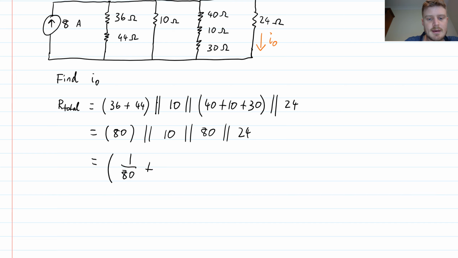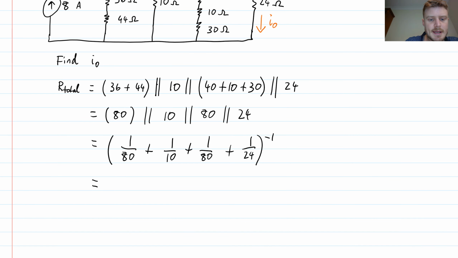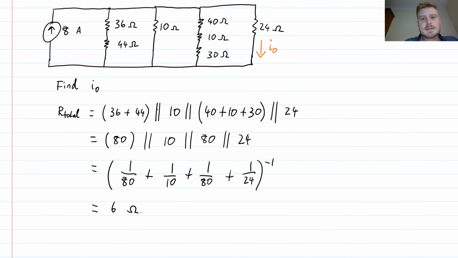So 1 over 80 plus 1 over 10 plus 1 over 80 plus 1 over 24, and that whole thing to the power of minus 1. So you get out your calculator, you type all of those in, and the answer that you get is 6 ohms. So the total resistance of this network is 6 ohms.